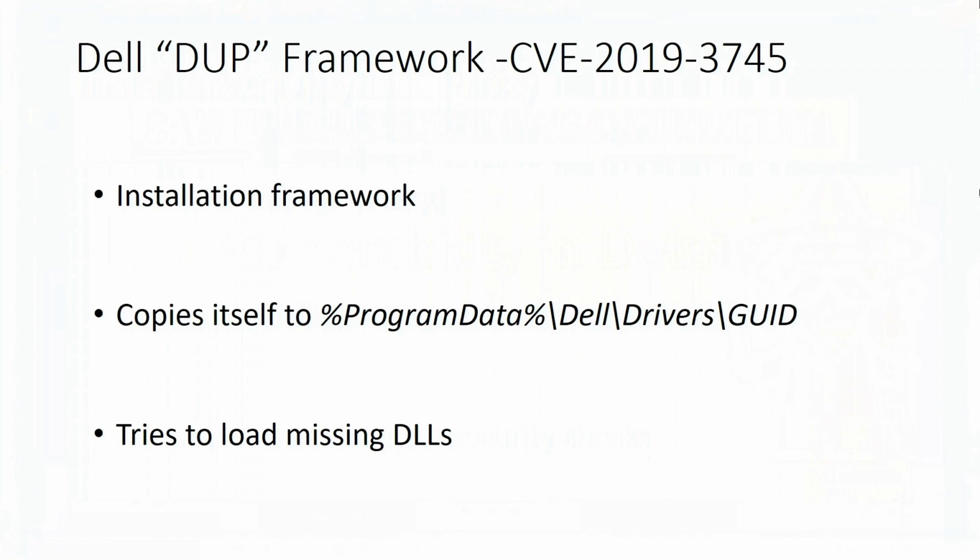Now, as I said, this installer is quite bad because it also tries to load a bunch of DLLs from the current directory. Interestingly, a lot of installers that try to load DLLs from the current directory try to load system-created DLLs that are either in System32 or in SysWOW64.